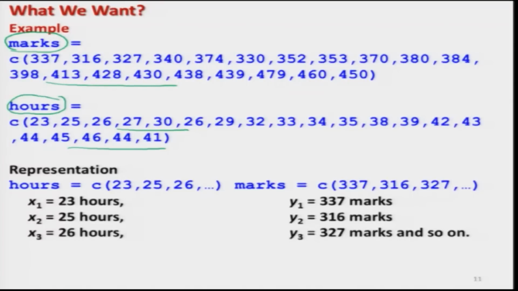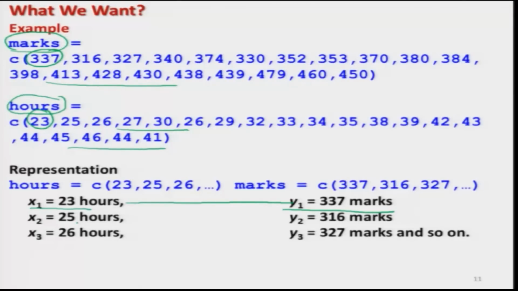So we have collected this data, and this is how we are going to represent the data: x1 is equal to 23, then y1 is equal to 337. So the data inside the hours and marks data vectors is given in the same order. You can see here this is 23, 337. So 337 is in the first position and 23 is in the first position.